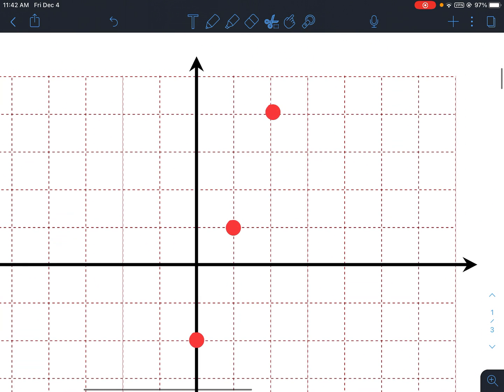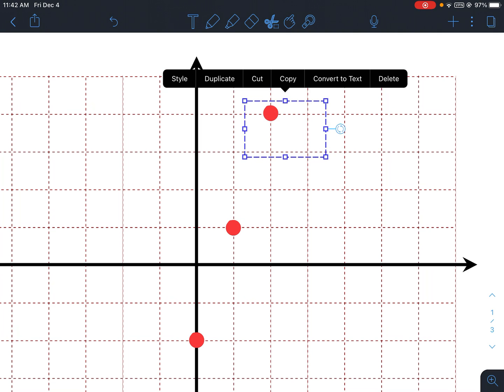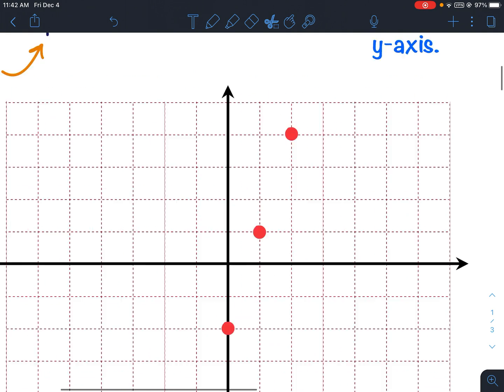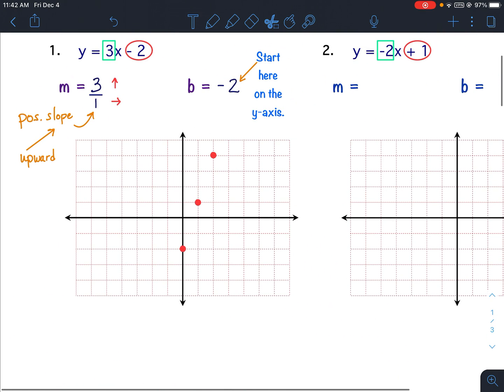Now, I'm just going to make mine a little bit more centered. Okay. So I've gone up and to the right as far as I can go. Well, a line is continuous in both directions.